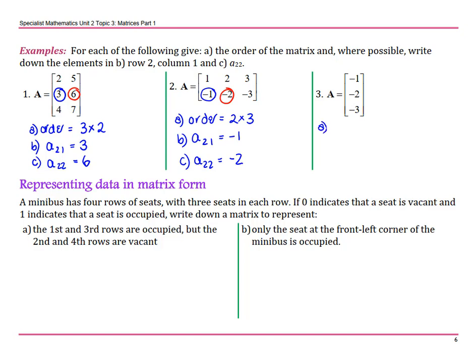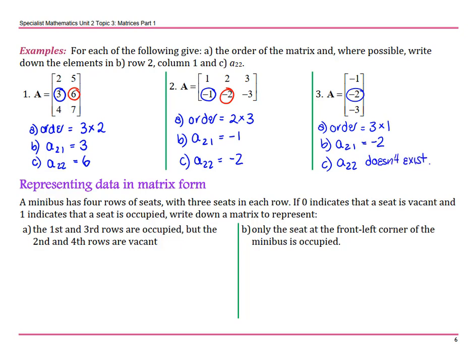For question 3, the order, we have 3 rows, 1 column. B, A21, row 2, column 1, so -2. C, A22, we don't have 2 columns, so it doesn't exist.